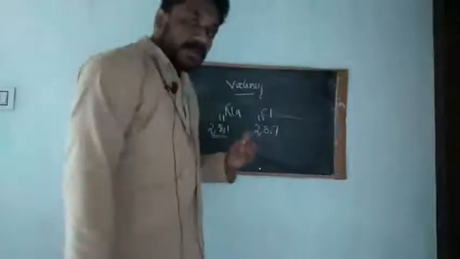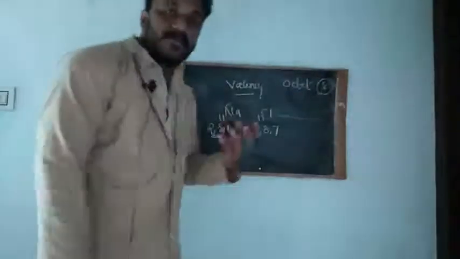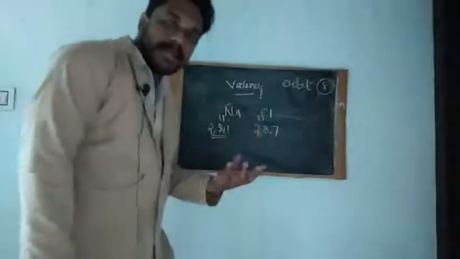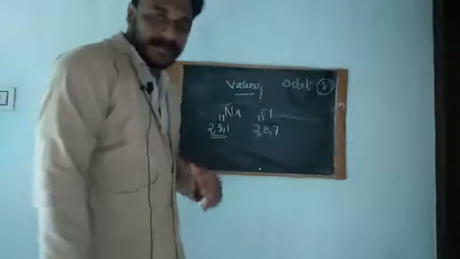And as I told you in the last class, the octet rule: an atom with 8 electrons in its outermost shell is stable. So all the atoms will try to attain an octet.